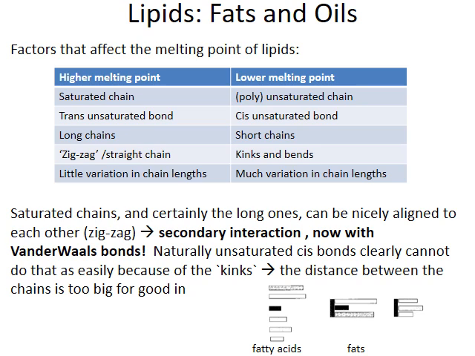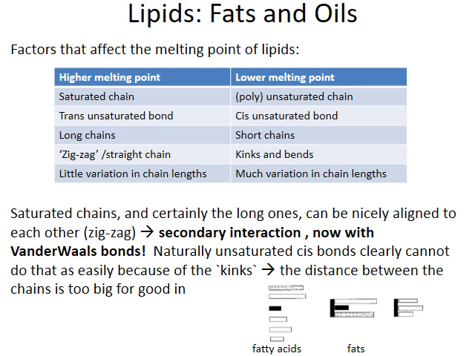And so if you have a fat that is long, unsaturated or saturated, with little variation, then you will have a higher melting point. And then of course you have a lower melting point when it's unsaturated, cis or short chains, when there are a lot of kinks and bends in it, and much variation in chain length.